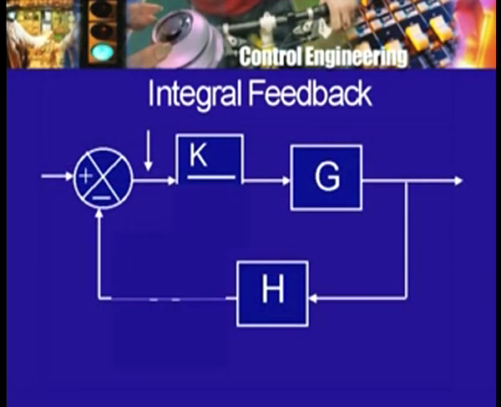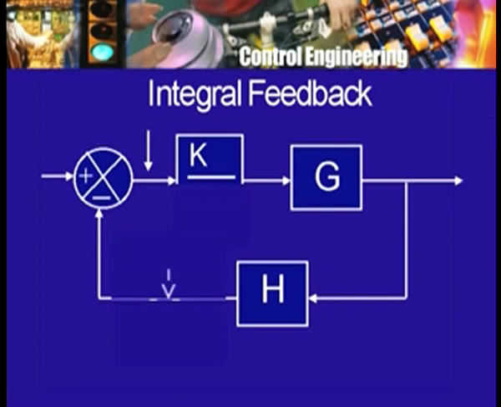Let me repeat. Here is this gain K, and here is this feedback transfer function H, the forward transfer function G, the difference device, etc. We open the system here and then apply the input at this point to this input of the amplifier K. So, the signal then is amplified, passes through the transfer function of the system G, and then passes also on to the transfer function H, and then you measure the signal at this point.